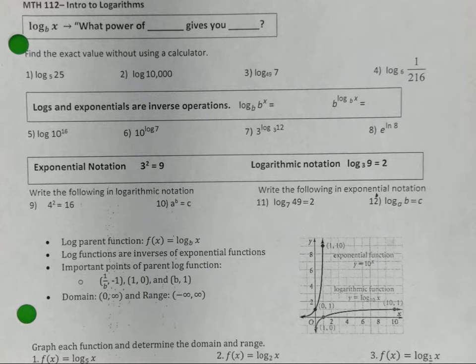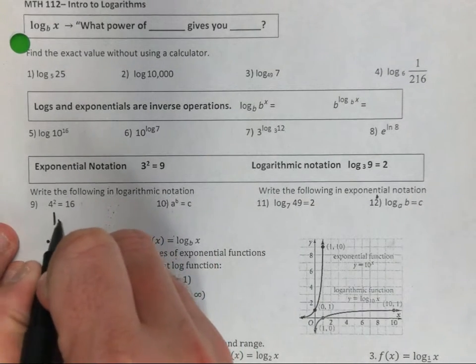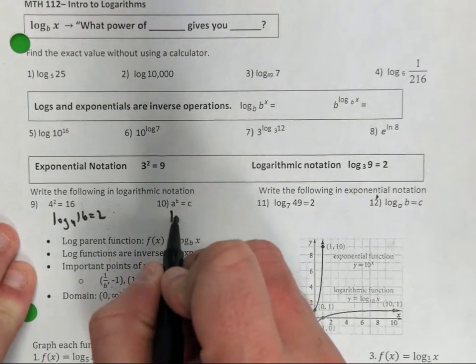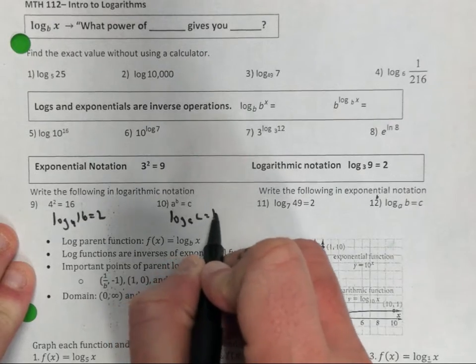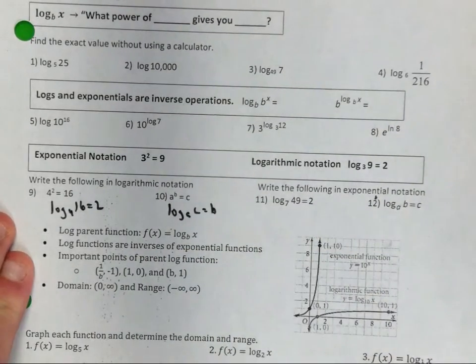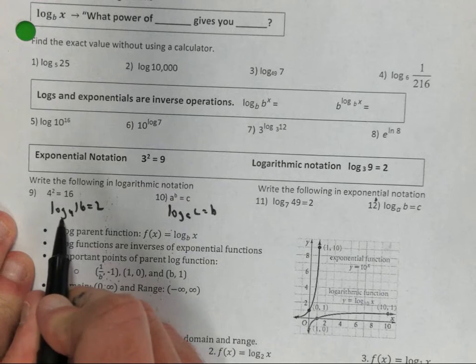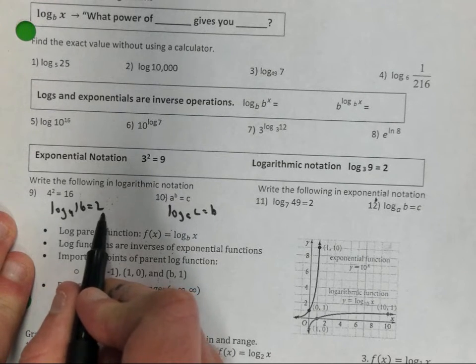So I want you to write these two in logarithmic notation here, 9 and 10. Write that in logarithmic notation. So it would be log base 4 of 16 equals 2.